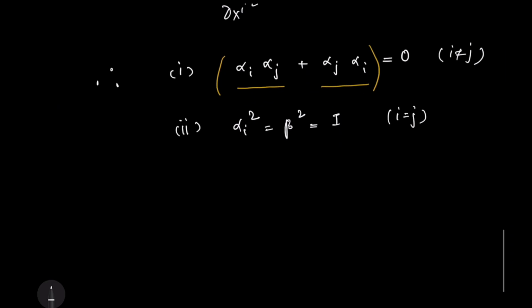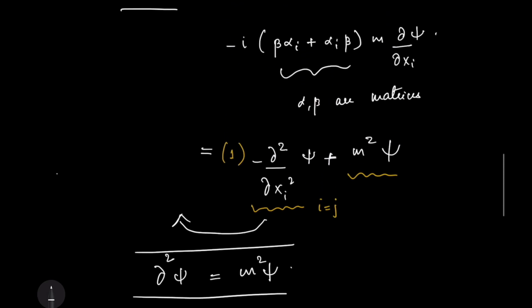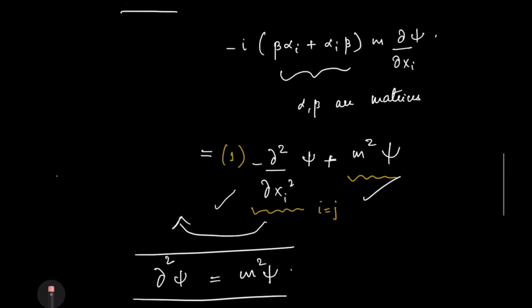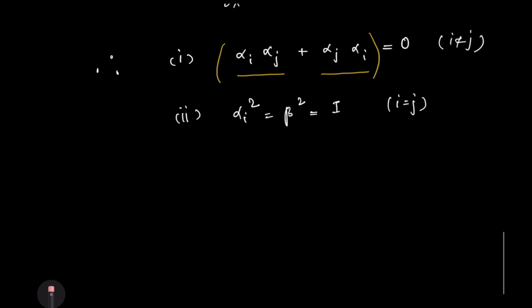And similarly you can see here there are only two terms, first term and second term. So here there is a third term present. This third term must vanish, for which this bracket beta alpha i plus alpha i beta must be 0. Therefore, the third condition says that beta alpha i plus alpha i beta must be equal to 0.